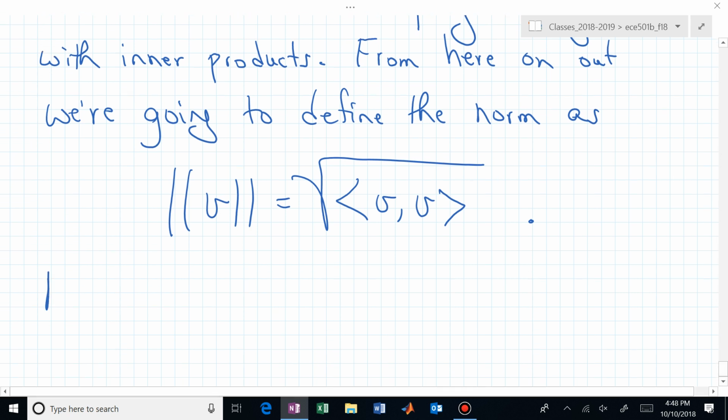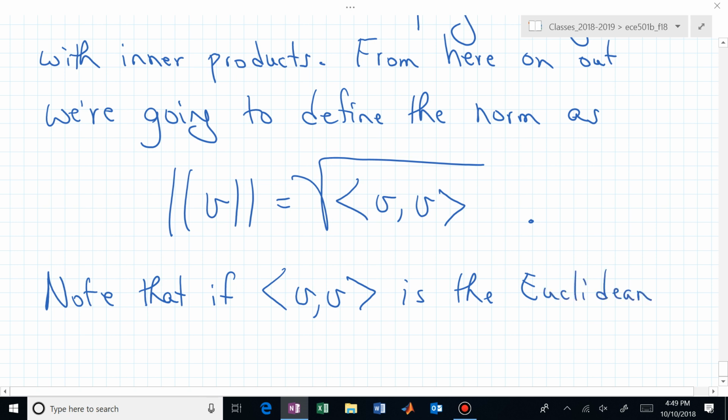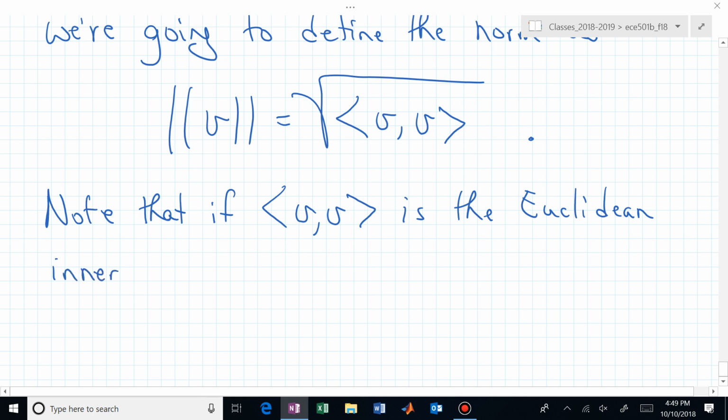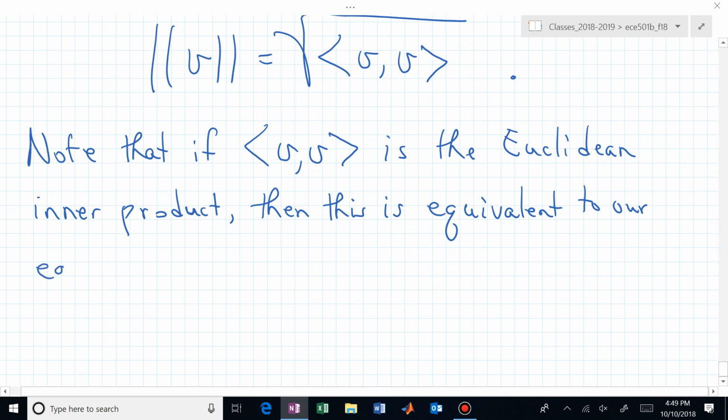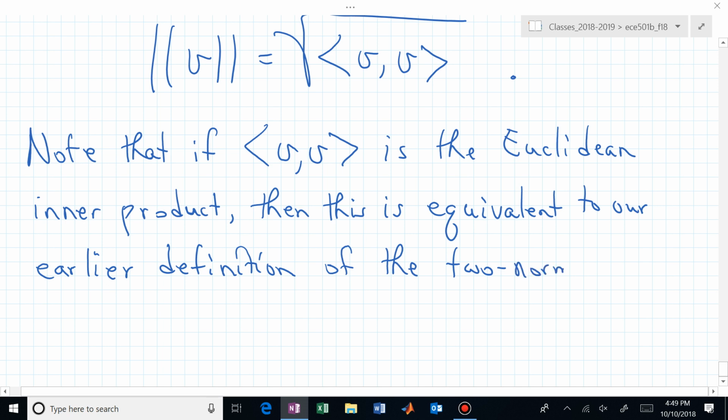And in fact, note that if we have v inner product with itself, and this is the Euclidean inner product, then this is equivalent to our earlier definition of the two norm.